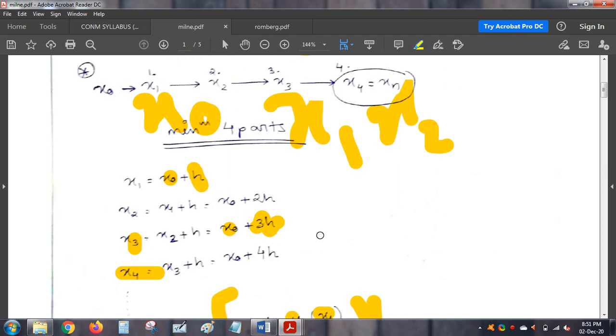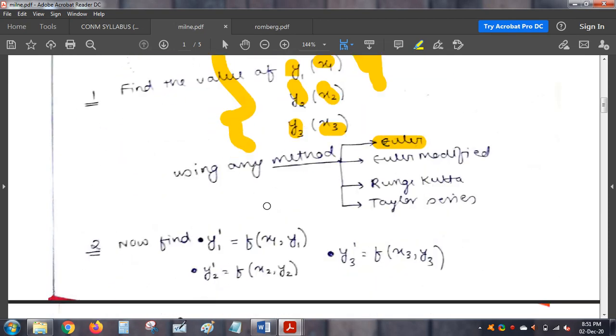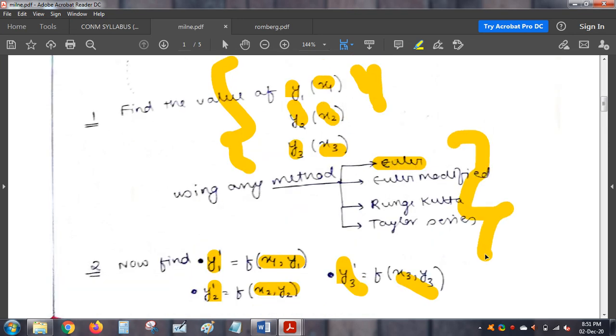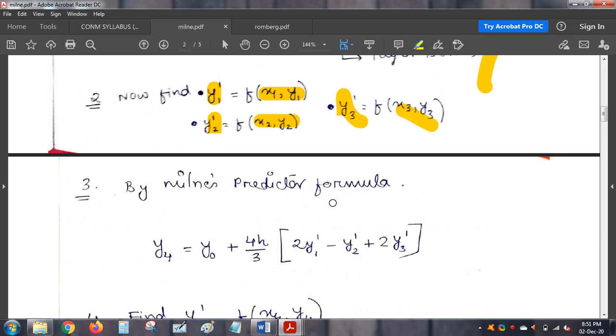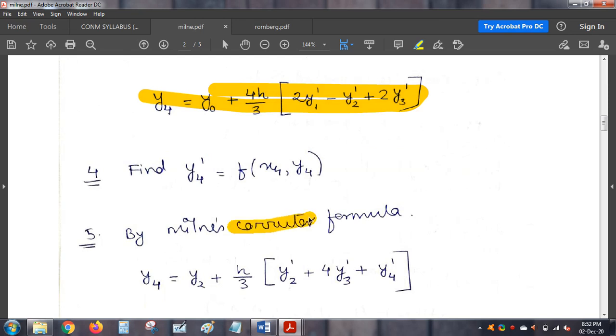Once you know your x and y, just put those x and y in your function and calculate your y1 dash, y2 dash and y3 dash, using x1 and y1, x2 and y2, and x3 and y3, which you have just calculated by using any of these methods. So once you have this, put the values in Milne's predictor formula and calculate your y4. Once you know your y4, you correct this y4 by using Milne's corrector formula from here.